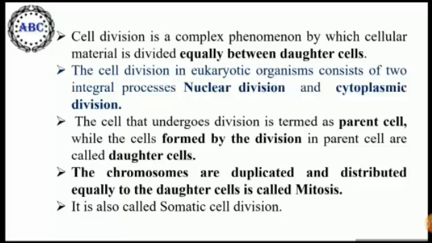The cell that undergoes division is termed the parent cell, while the cells formed by the division of the parent cell are called daughter cells. The process in which chromosomes are duplicated and distributed equally to the daughter cells is called mitosis. It is also called somatic cell division.